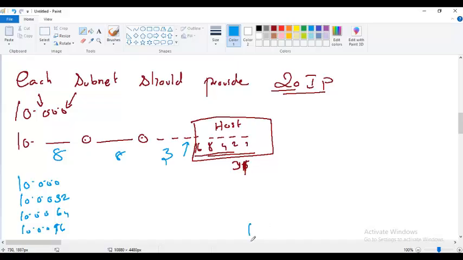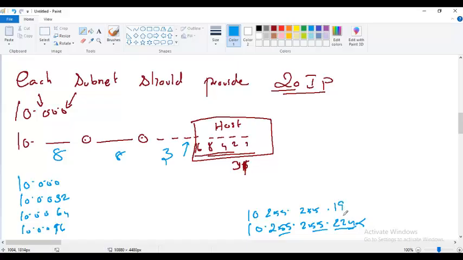We don't use it because all are ones. So we need to subtract for the last one, 255.255. If you subtract 32 from here, what will you get? 192. Am I right?